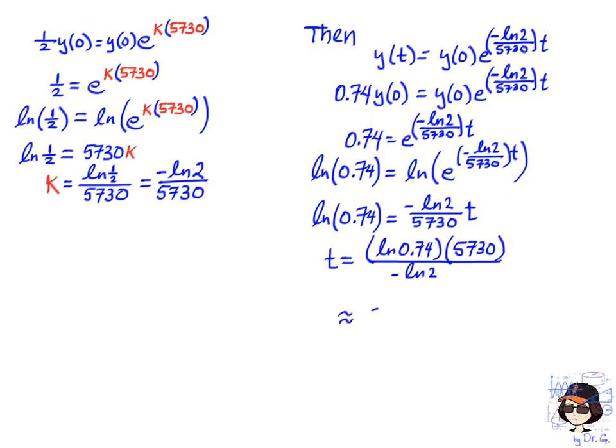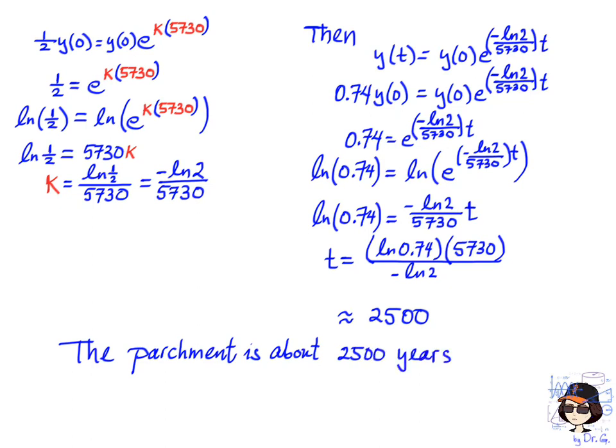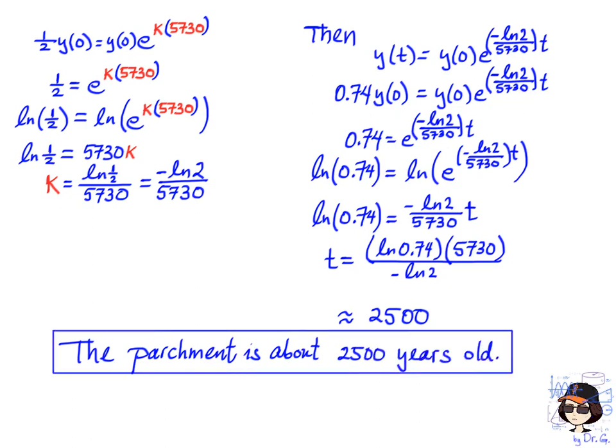After we put that in a calculator and round it, we get 2,500 approximately. And so the answer to the question is the parchment is about 2,500 years old. It's made of a plant that died about 2,500 years ago.